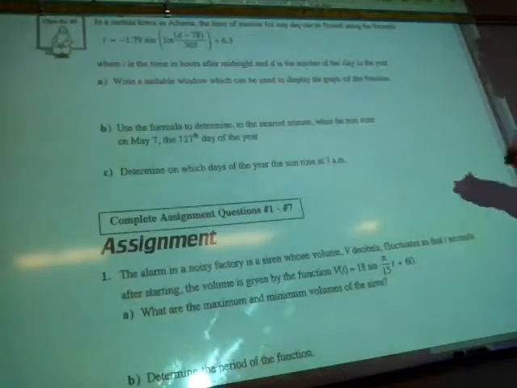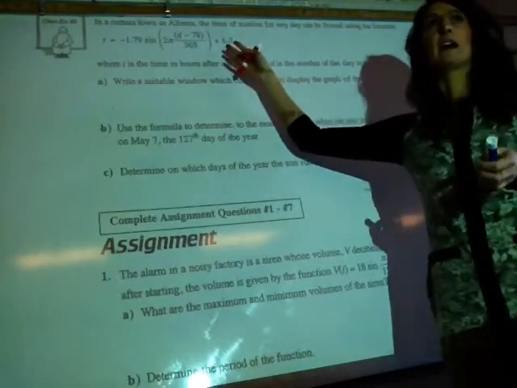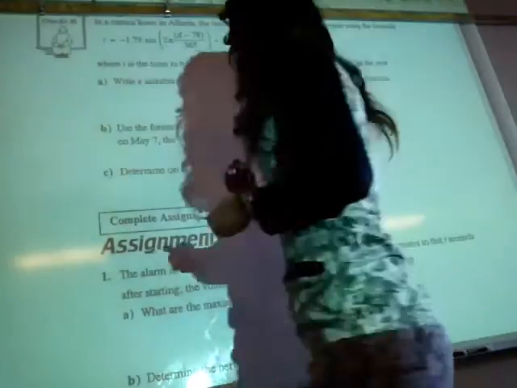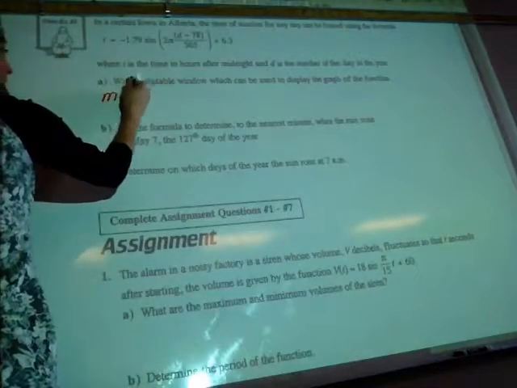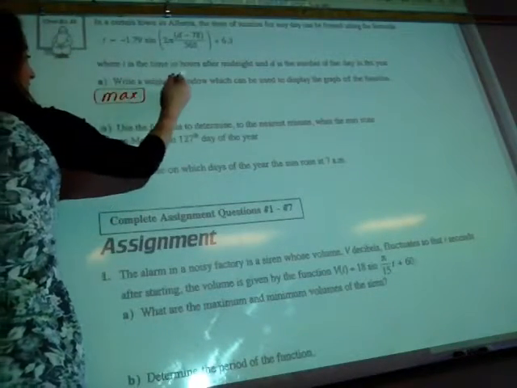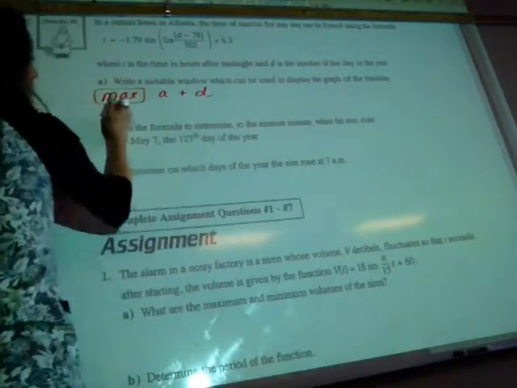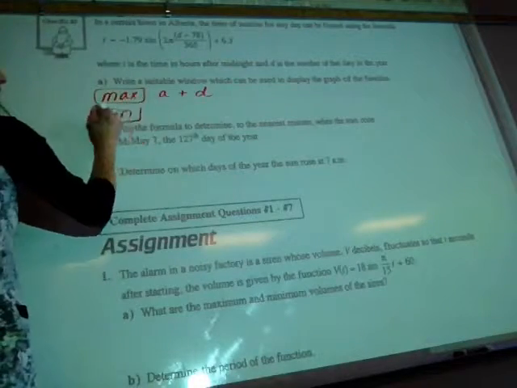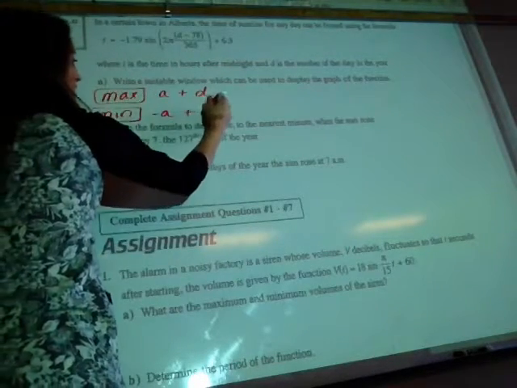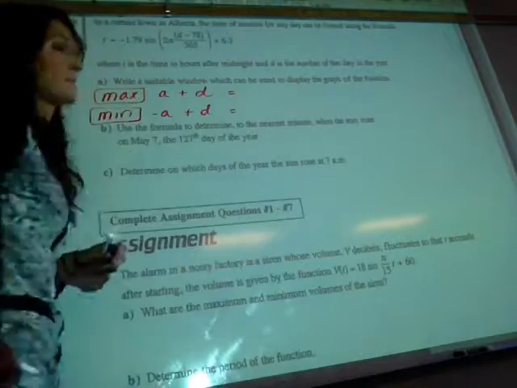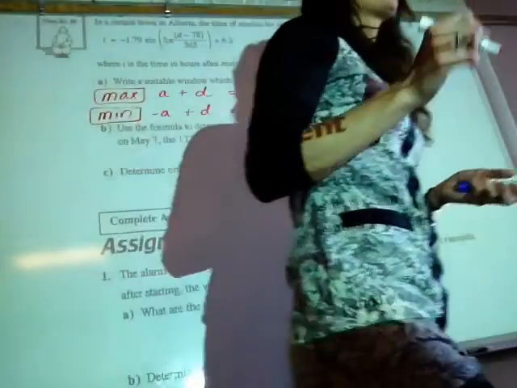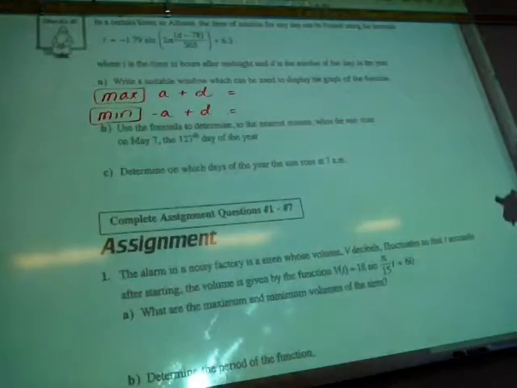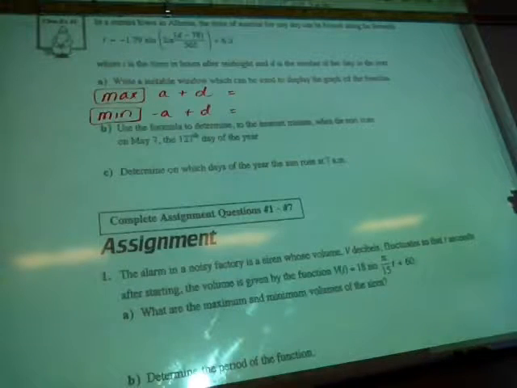Again, we could look at what is our max and what is our min. You guys help me out, find your max. That's going to be your A plus your D. Now we need to find our min, which is your negative A plus your D. Truthfully, you always want to show the x and y axis, so you only really need to find your max.